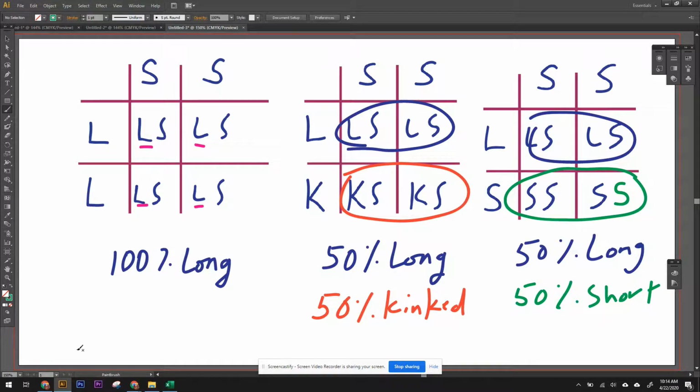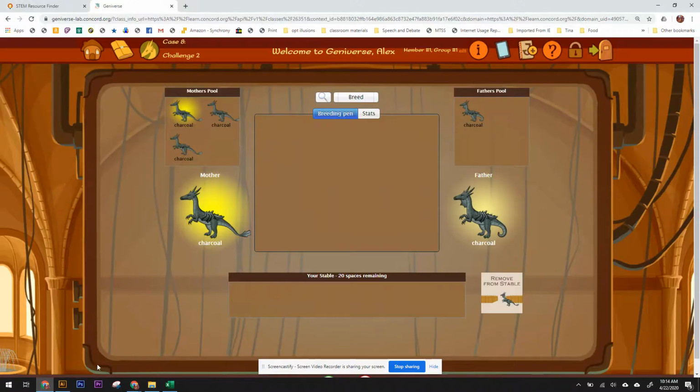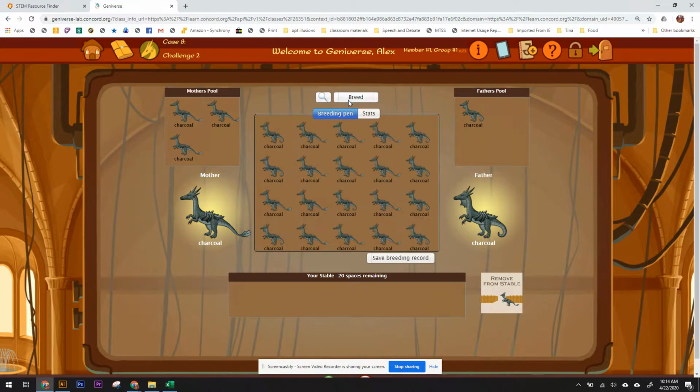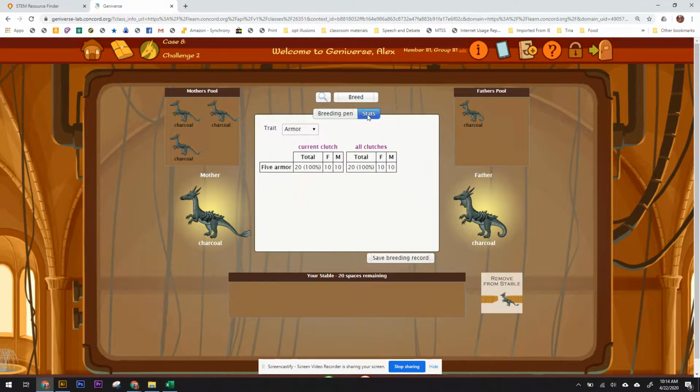So let's go back to the Geniverse. We'll do our first cross. So remember that the stats button is really useful in identifying what the ratio is. It looks like we have a 60-40 split here between long tail and short tail. Let's go ahead and breed them again, because 60-40, we didn't get that ratio for any, but remember, as we continue to breed them, over time their stats will become closer to what the ratio we expect is.